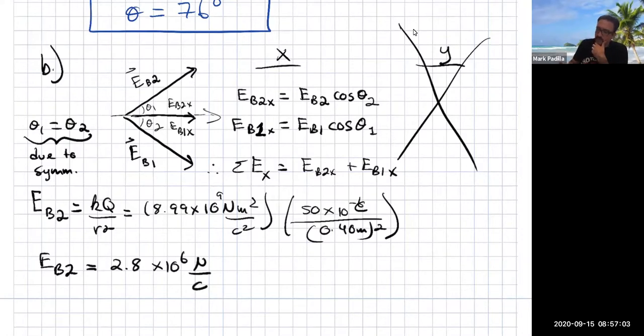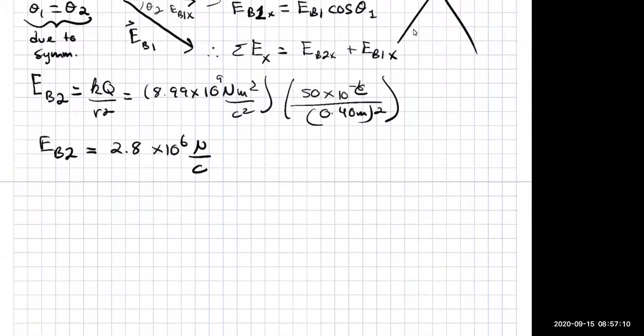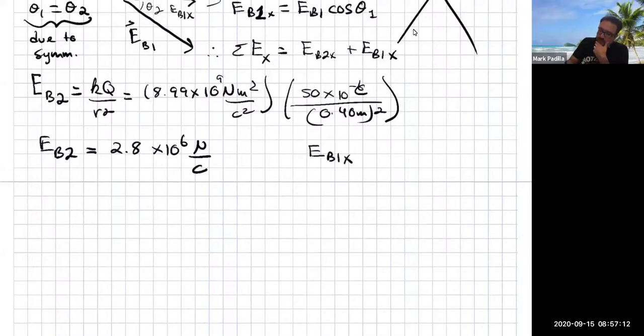Anybody else? Yep, looks good. So EB1x is equal to EB2x.